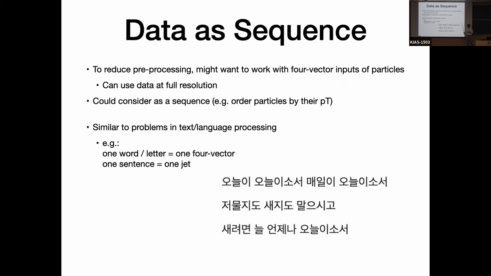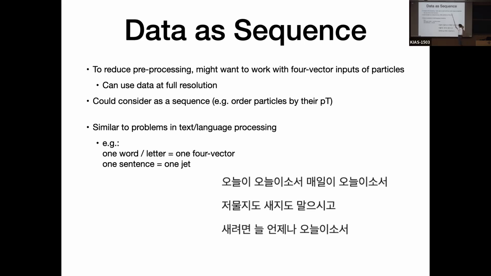How can we translate, pun intended, this type of application to something we are interested in particle physics? Well, we could say our 4-vectors, the decay products of the top quark, are a list of items that is ordered because we can sort it, for example, by their transverse momentum.